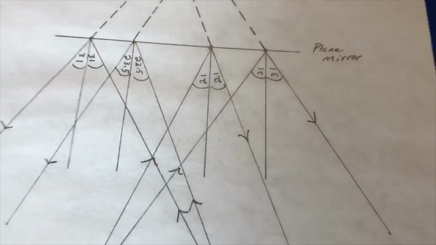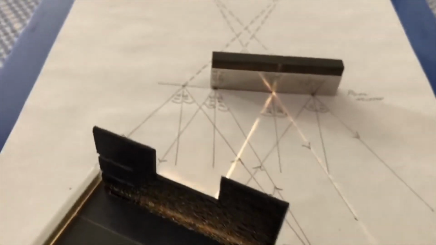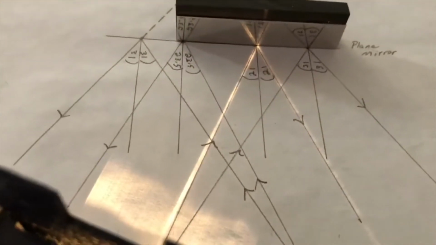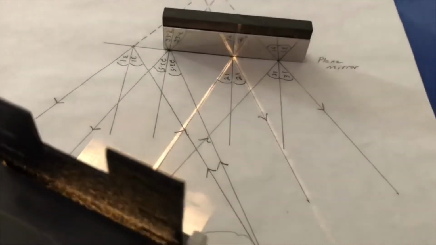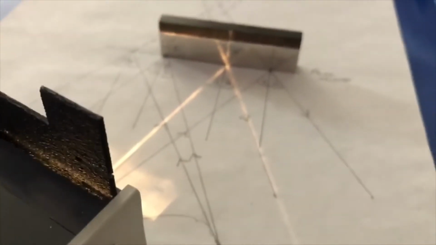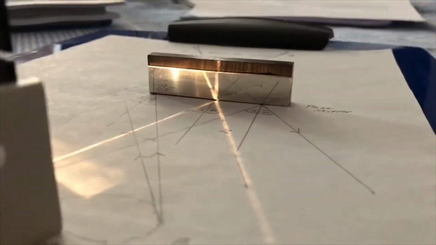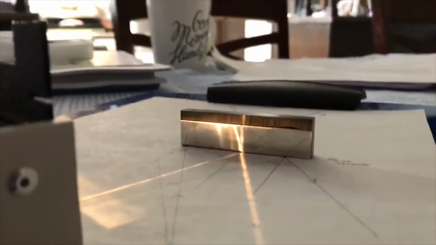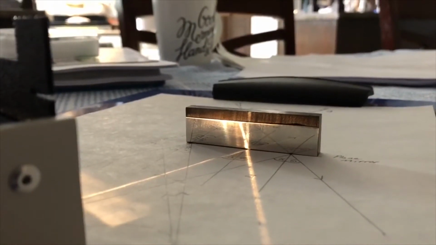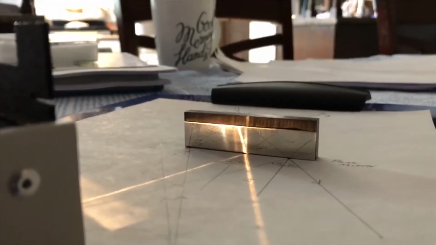Okay, so I'll get the ray box out and show you how it looks. So I got the ray box lined up on our first incident ray. You can see it's the 21-degree angle one, and you can also see the mirror is reflecting that light right along the predicted ray that I had. Now if we get the camera like this, you can also see the extended reflected ray, which is a real one from the light itself, going in behind the mirror surface.